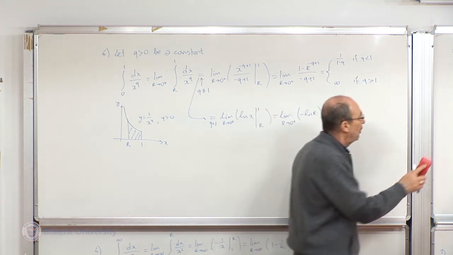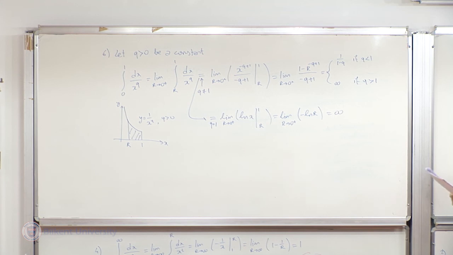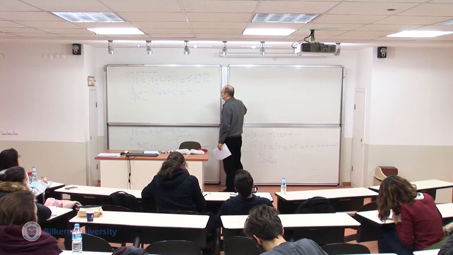So let me do just this example. Now we said the interesting thing is when the function goes to infinity. The interesting thing is to draw a picture and check if the area is finite or not.